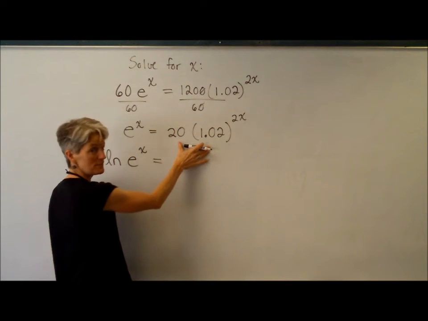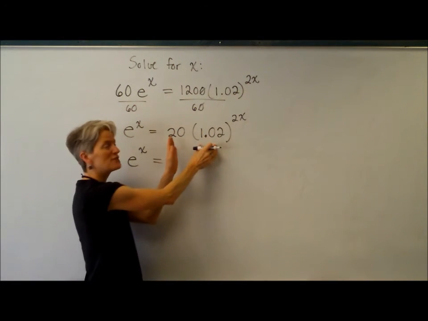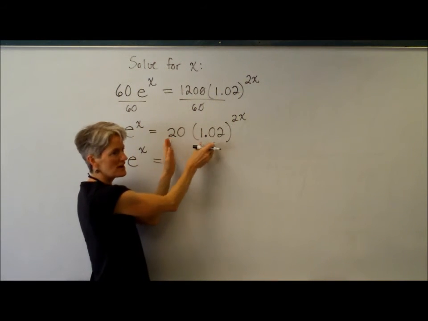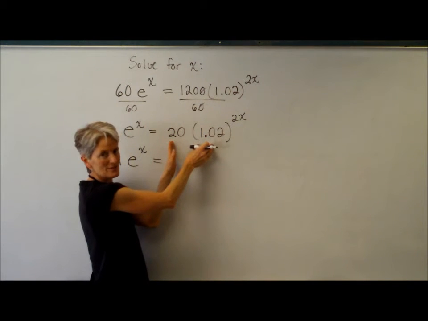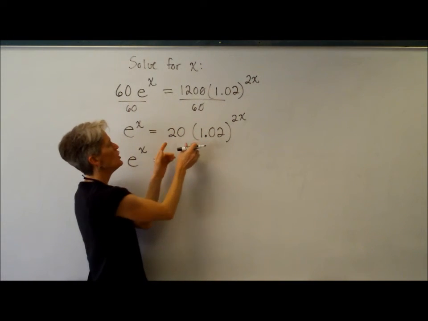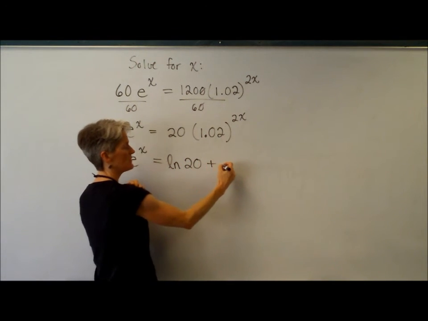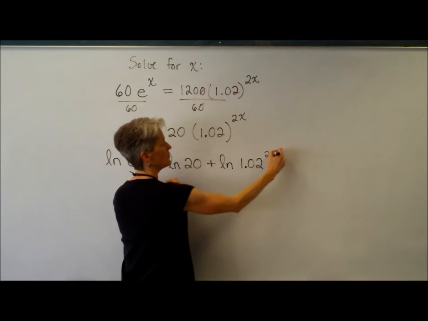Now, remember, Mr. Haas, you reminded them of this, taking the natural log of something times something. And remember, logs are exponents, so when you're multiplying, you add the exponents. I didn't say that right, but you know what I mean. So this is going to be the natural log of 20 plus the natural log of 1.02 raised to the 2x.